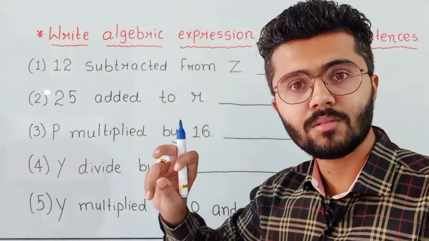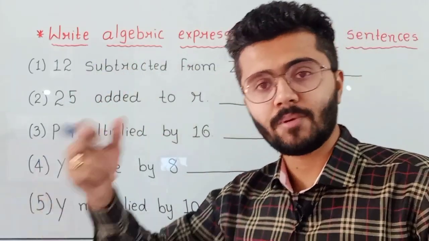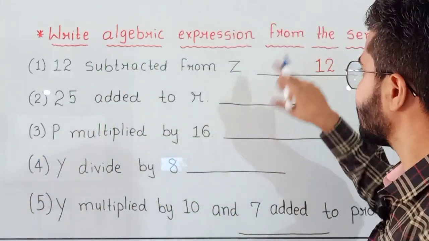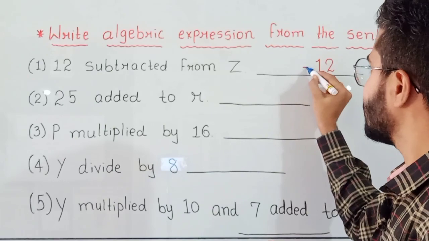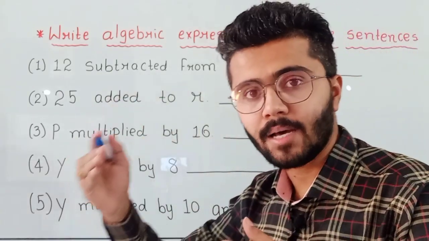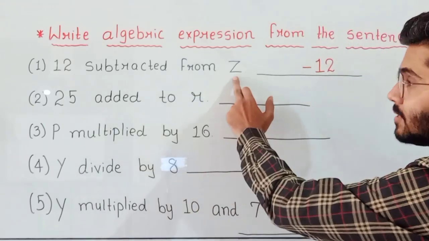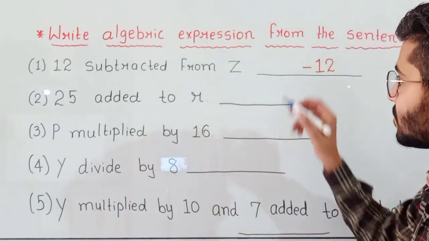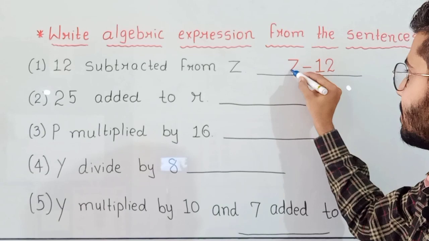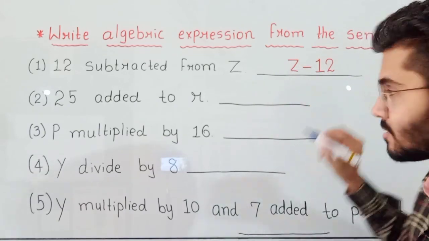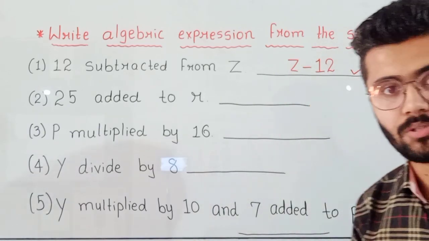Subtracted from means we are subtracting from something. So if subtracted from comes, the sign comes first. Subtracted from what? From Z. So what will be the equation? Z minus 12. Yes, this is the correct equation.